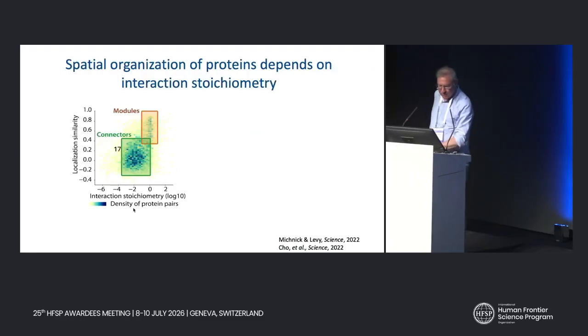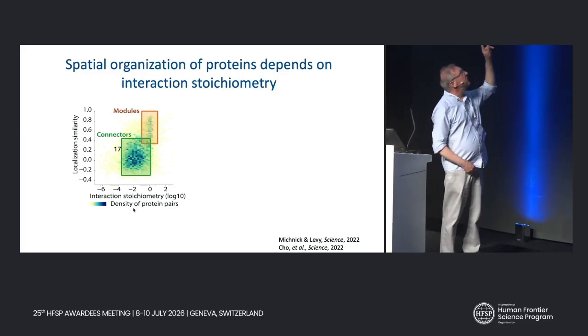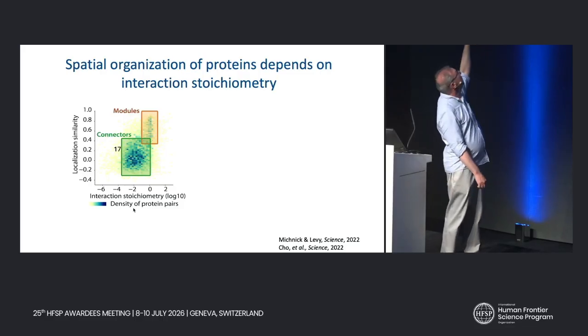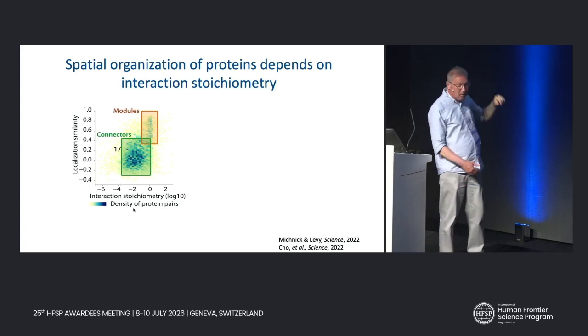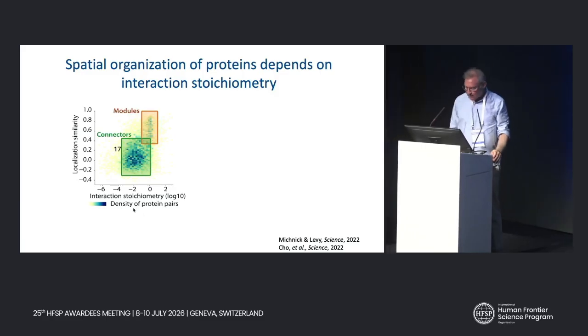And I'm going to go very quickly now. From these studies, you see interesting relationships. In other words, you see cases like this, where in this particular study, Cho et al., they showed that the interaction stoichiometries correlated with localization similarity.